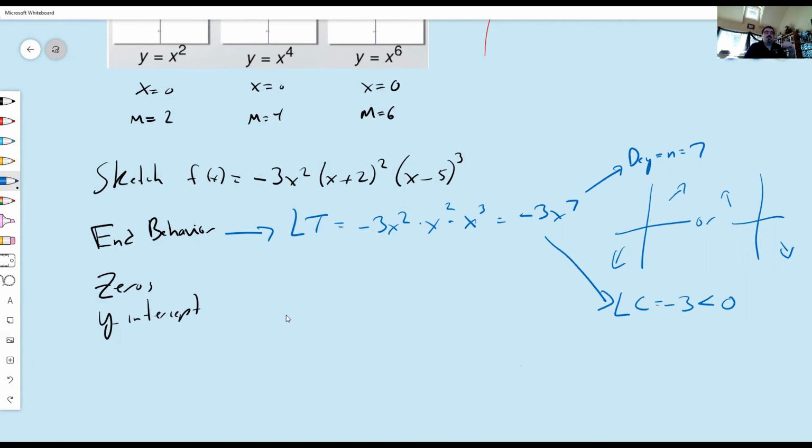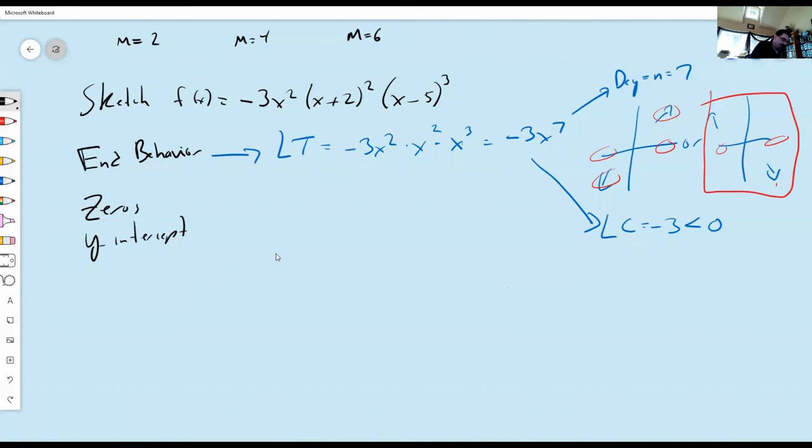So again, a positive lead coefficient means positive x's make positive y's, and negative x's make negative y's. If it's a negative lead coefficient, which is what we have, that means positive x's make a negative y, negative x's make a positive y. So we want this case here. We're going to go up to the left and down to the right.